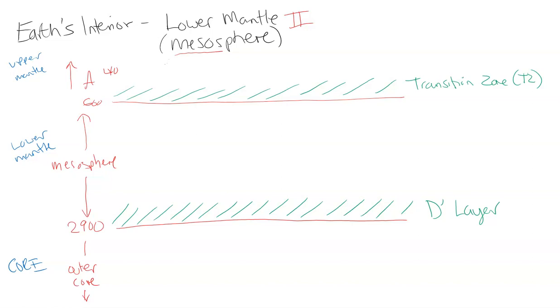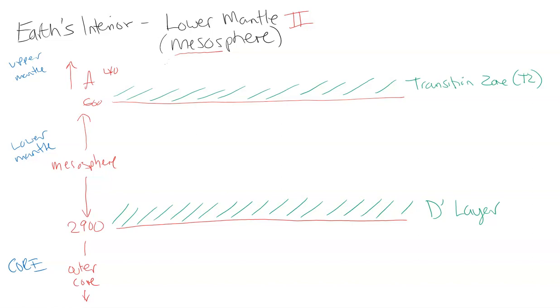However, there's one thing we look at in particular with all layers, and especially with the mesosphere: going from the transition zone from 410 kilometers to 660 in the asthenosphere, branching down into the mesosphere, the lower mantle, and then down to this depth where there's another discontinuity.